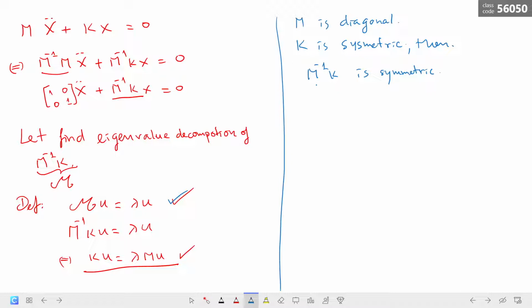Because M is diagonal, its inverse is just the inverse of each diagonal entry. Let's say K equal to A, B, B, C. So this is symmetric, and M inverse equal to 1 over m1, 0, 0, 1 over m2, like this.